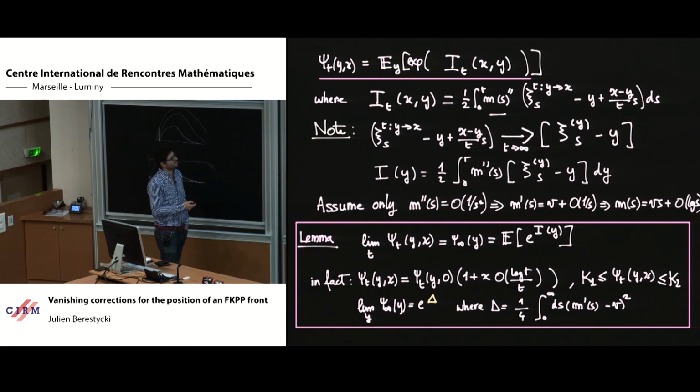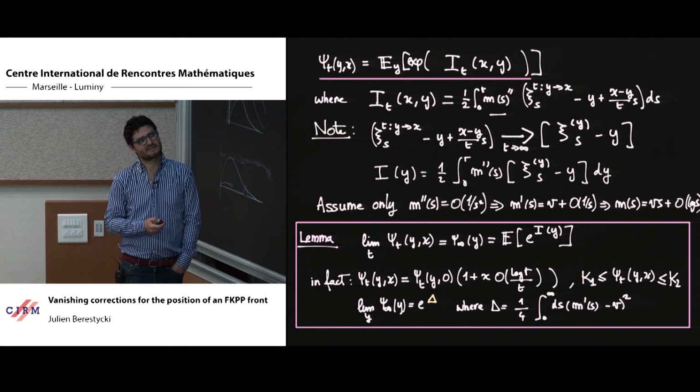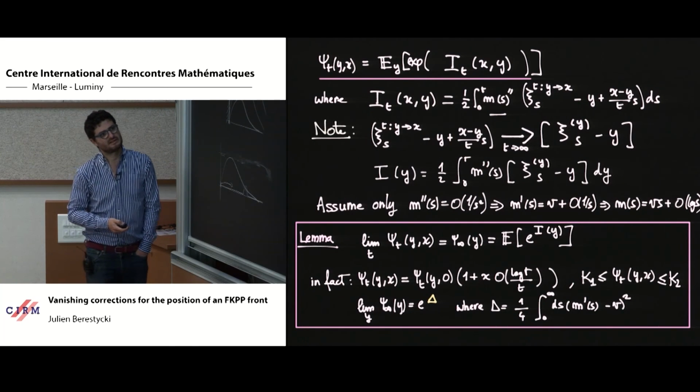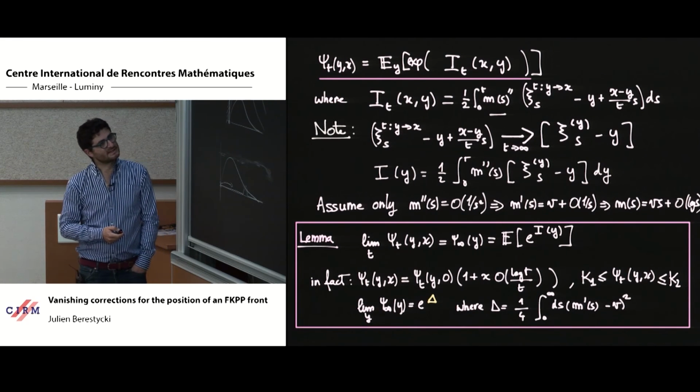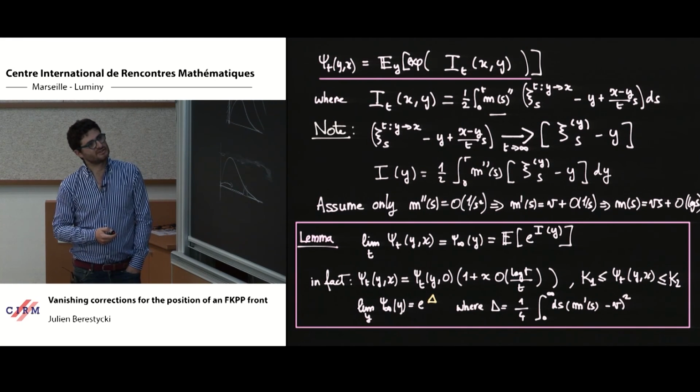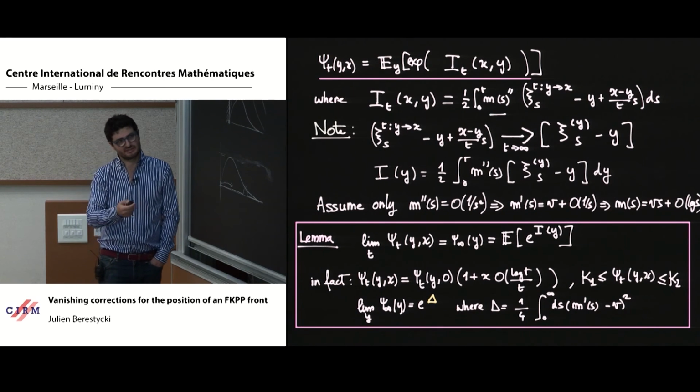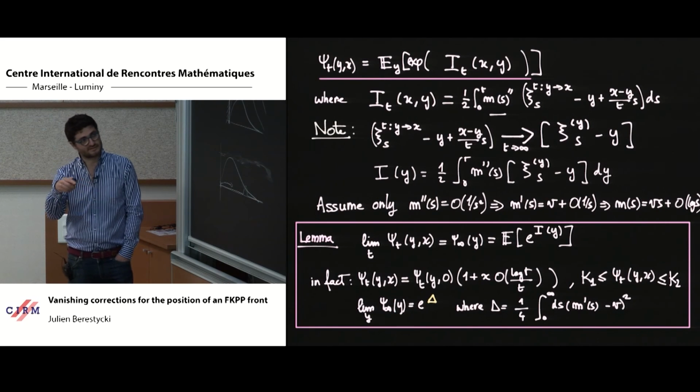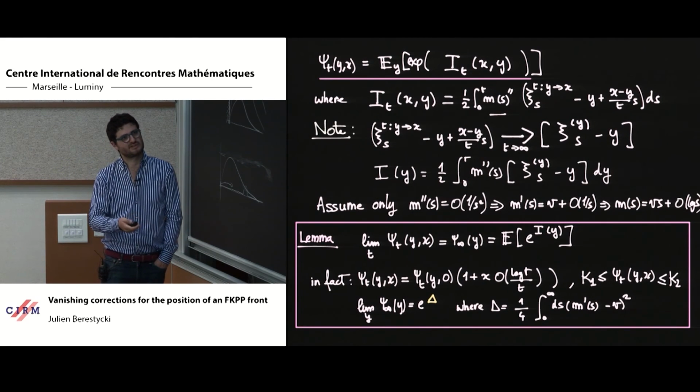So you can replace psi t of yx by psi t of y0, and you have very good control over the mistake you're making when you do that. Essentially, this delta and this psi infinity, which appeared in my expression for this alpha constant earlier, are here.